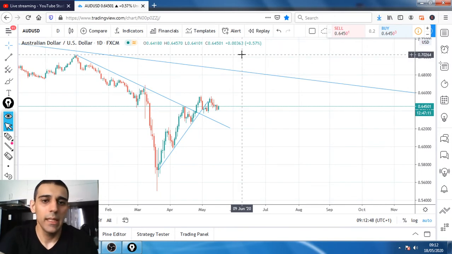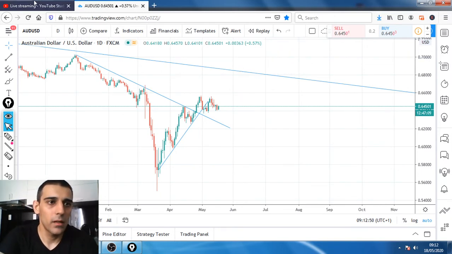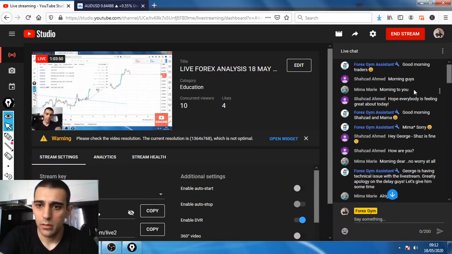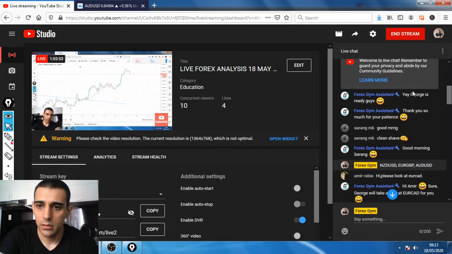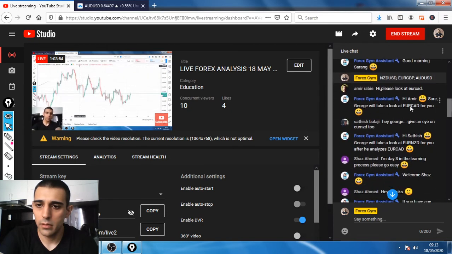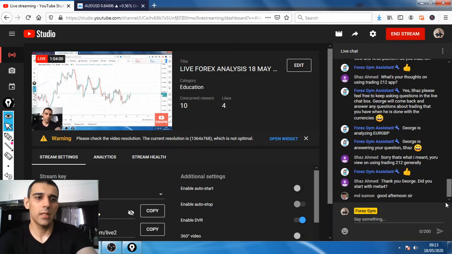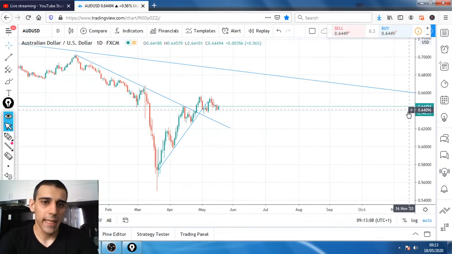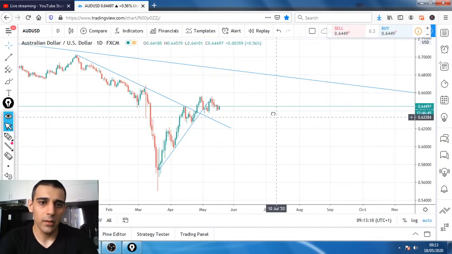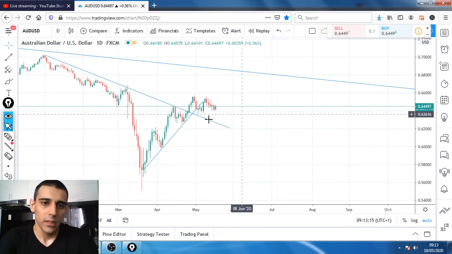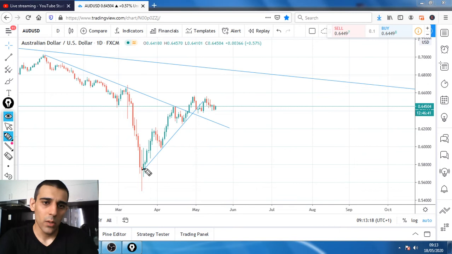Okay, on the daily time frame, so I did analyze that. Australian dollar against USD. We were looking strong, so we can see on this level the price had nice momentum.